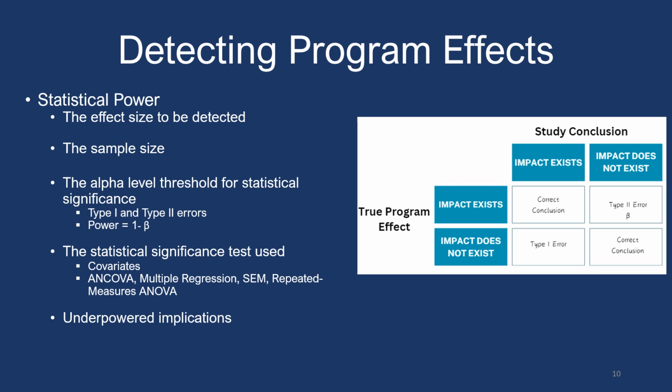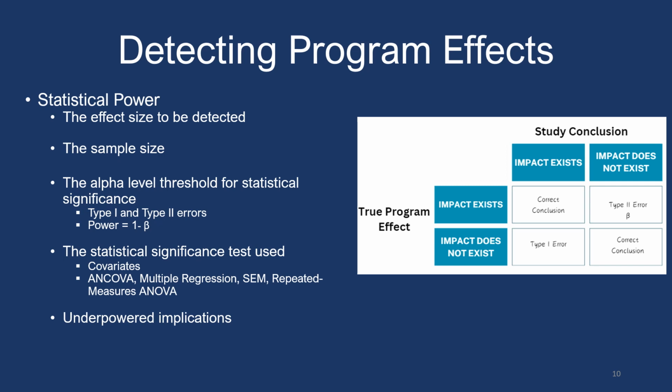Statistical significance is highly dependent on the statistical power of our statistical model. Statistical power is the probability that the estimate of the program effect will be judged to be statistically significant if an effect of that size is determined through an impact evaluation to have occurred.